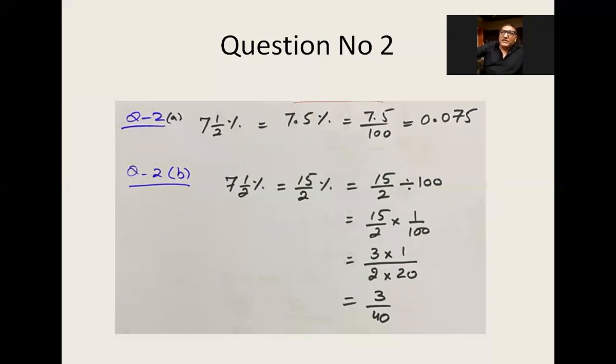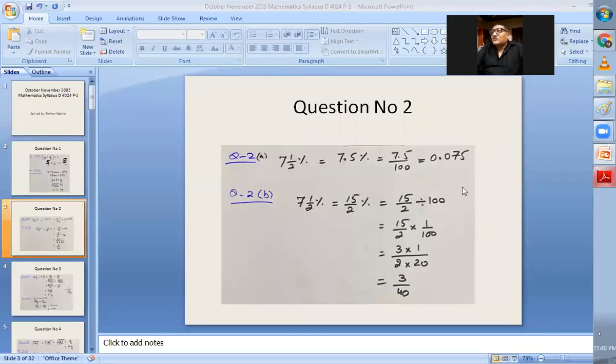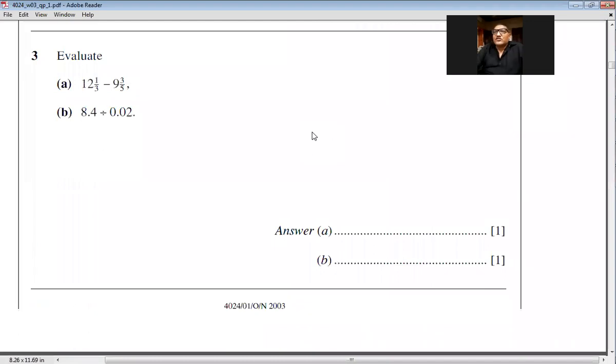So multiply 1/100. The 15 and the 100, I have cancelled with 5. So it will be 3/40. So the final answer is 3/40. Hopefully you have understood. Okay, let's go to the next question.